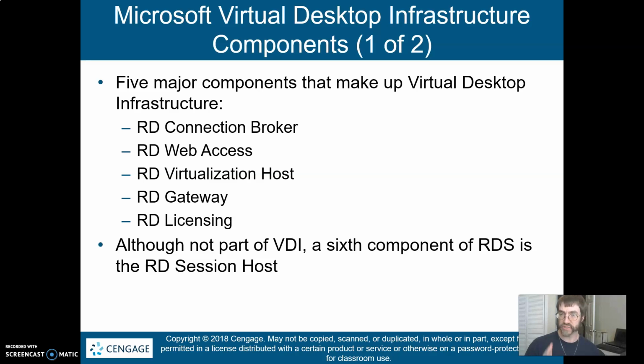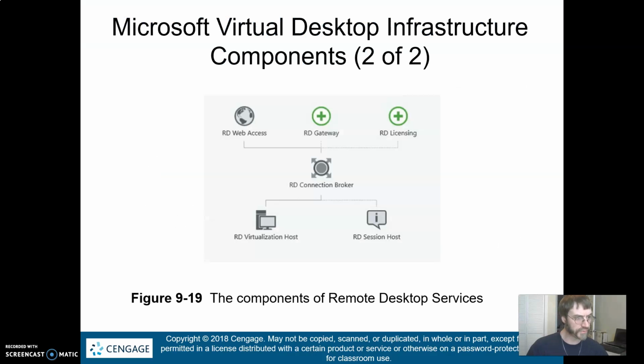So when you're installing remote desktop services like this, you can either choose one of these or the other, virtualization or session host. If you choose the one, you can go back and do the other. And this is sort of a graphic that you can actually see in Server Manager inside the RDS subsection of Server Manager.